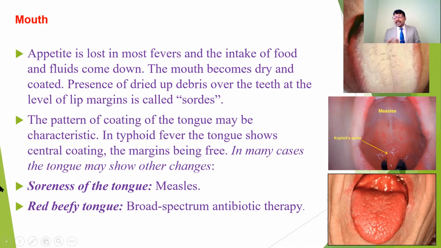If you eat and drink everything, those people won't get any coating on the tongue. From morning to evening, we are walking, having food and drinking something, so you won't observe any coat during the daytime.